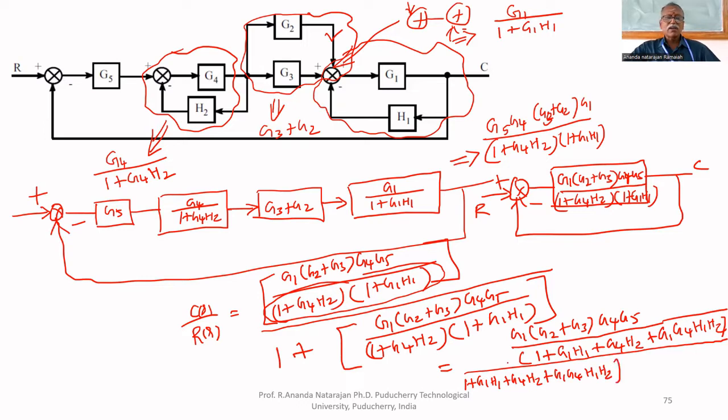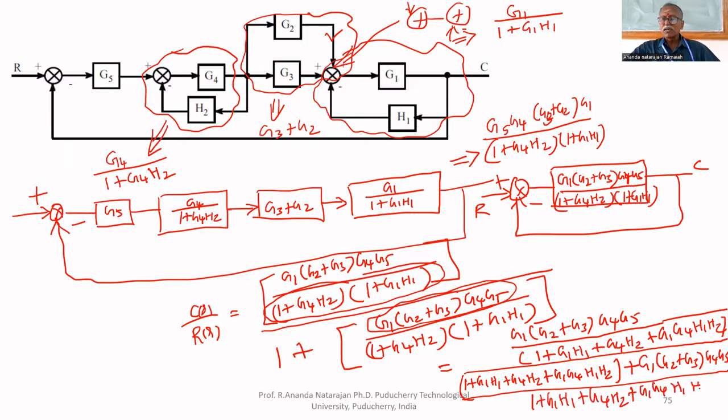This is instead of 1, because I am taking LCM, whole divided by plus this part we have to write. Numerator part we have to write. So G1, G2 plus G3, G4, G5 whole divided by 1 plus G1H1 plus G4H2 plus G1G4H1H2. These two are getting cancelled.